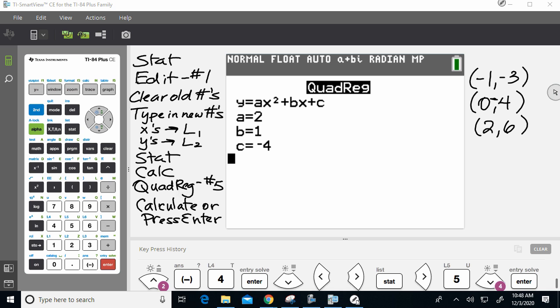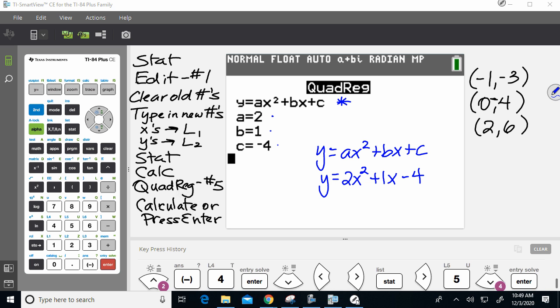Once you do that, if you did it correctly, this is what you should see. You should see the formula. There's your standard form. There's your A, there's your B, there's your C. Those are the numbers that you would plug into the formula. Ax squared plus bx plus c is y equals 2x squared plus 1x minus 4.